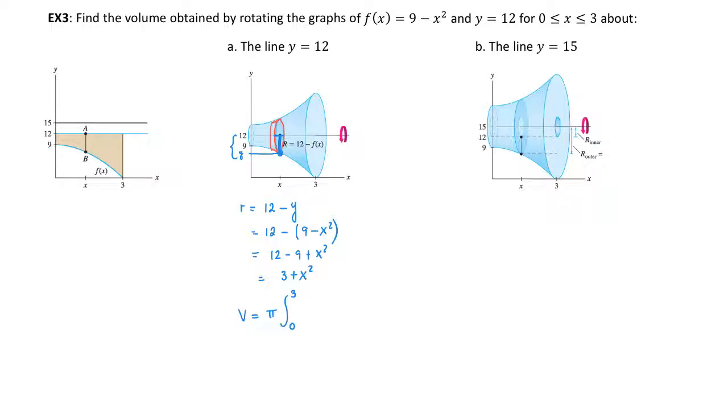So we're going to say the integral from 0 to 3 of the radius, 3 plus x squared, all of that squared, dx. And then what I would do here, if I want to continue now, this is the easy part. I will go ahead and expand that, get a polynomial, and then integrate each term at a time.